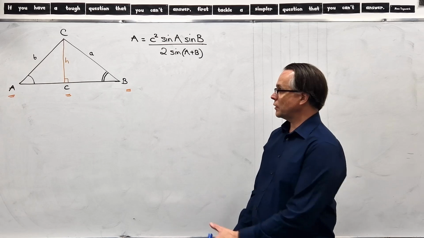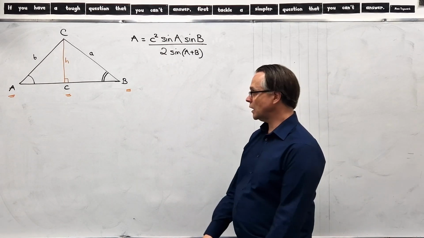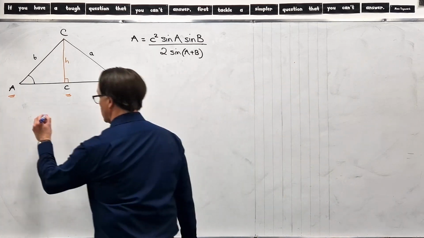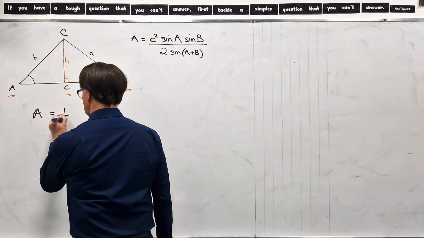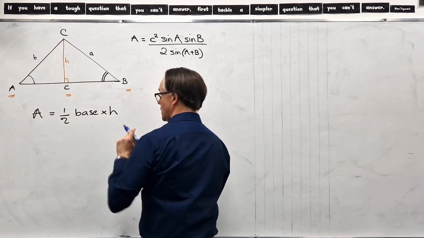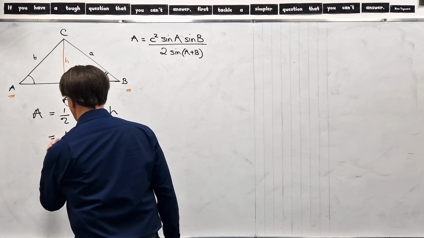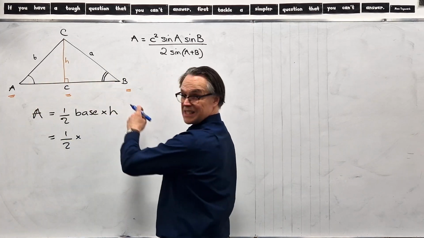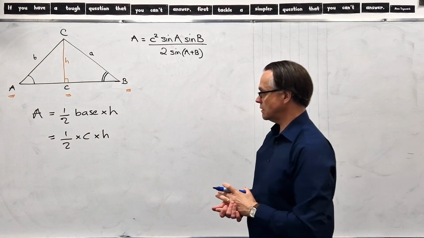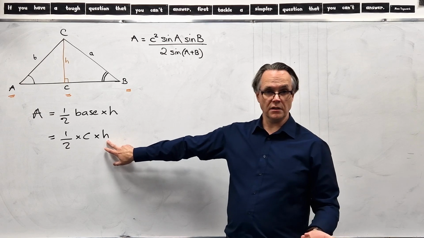So I'm just going to run through a quick explanation of how we can get to this formula. If we start with the idea that the area of a triangle is a half base times height, in this case that is a half times what we call C times H, but that's no good because we don't know what H is.